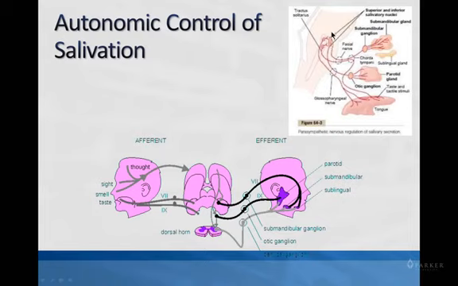We have superior and inferior salivatory nuclei in the brainstem that receive input from the tongue, parts of the mouth, and the pharynx.